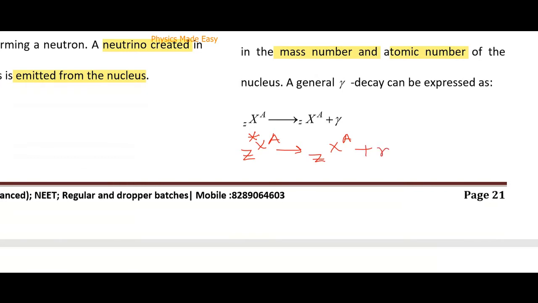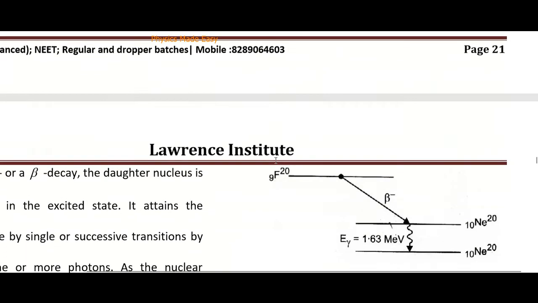So it emits a gamma ray photon. Normally, beta particle emission is followed by gamma ray emission.